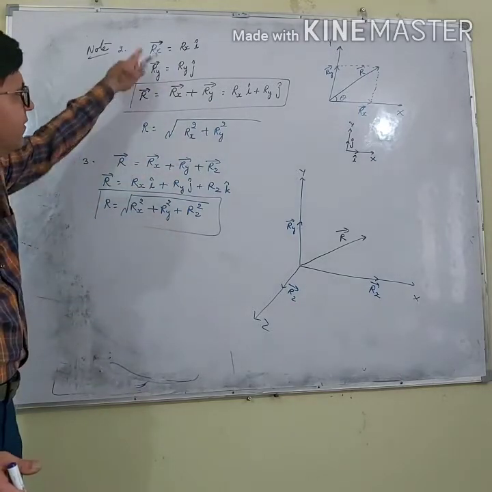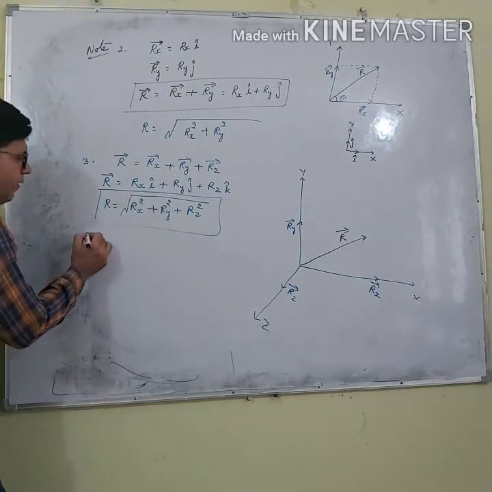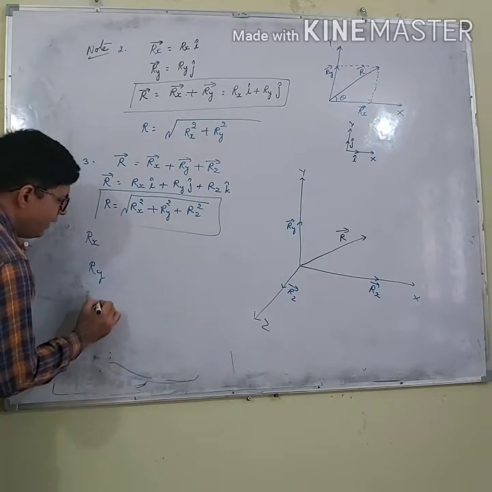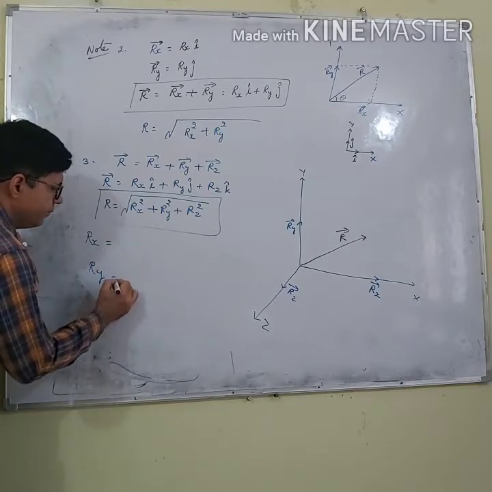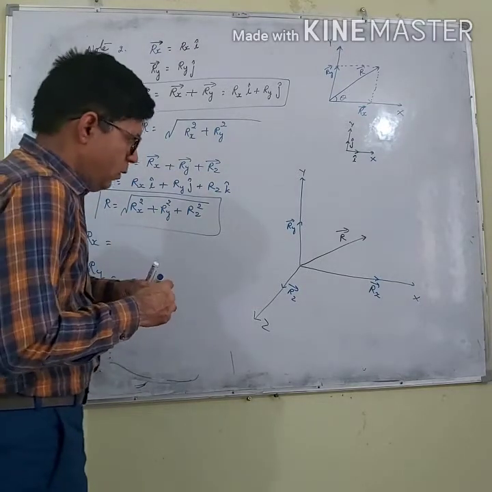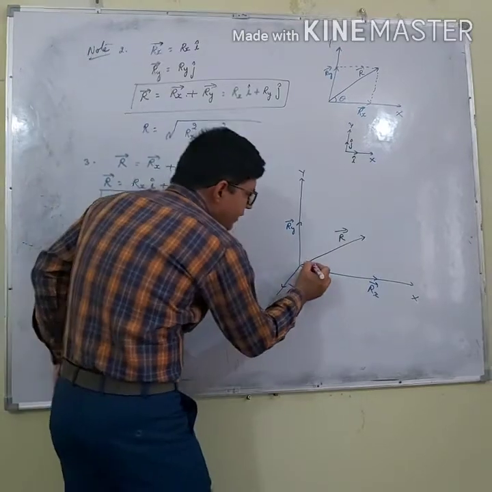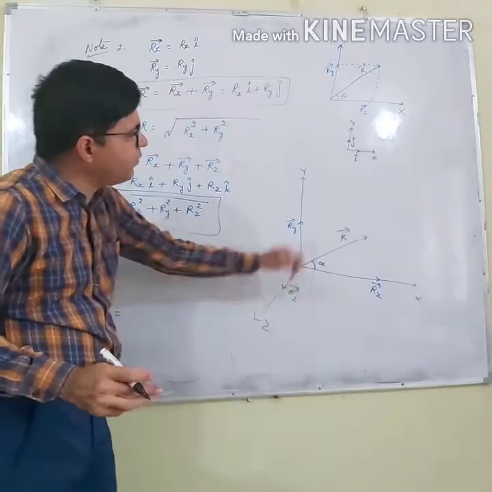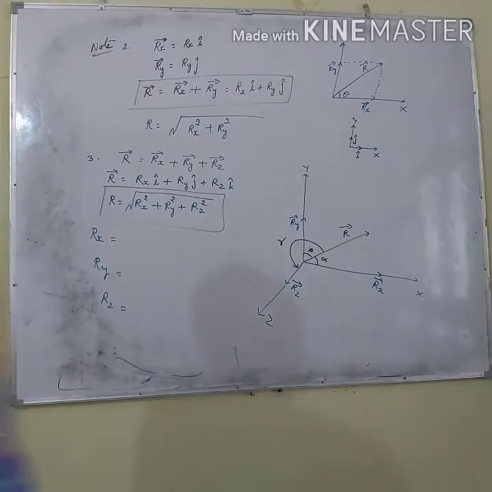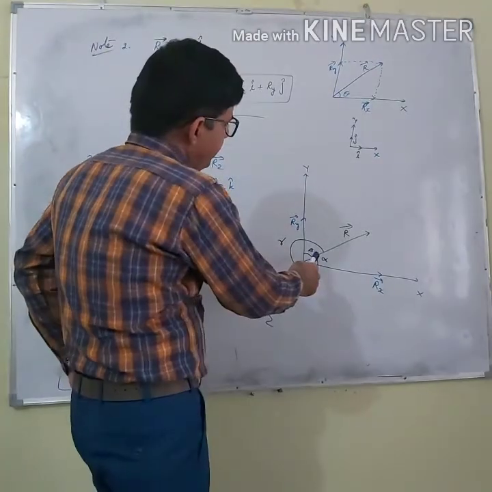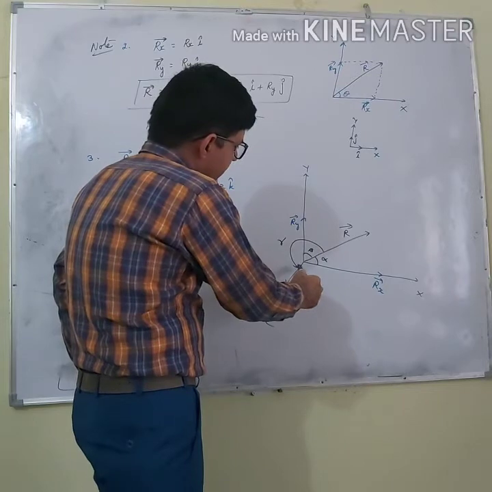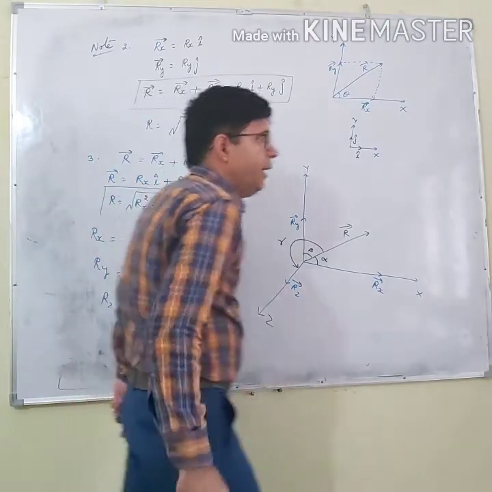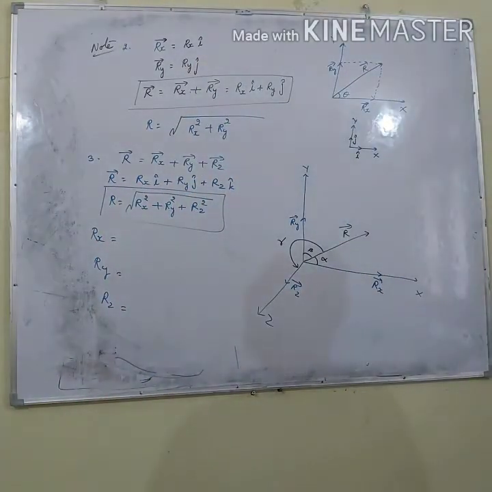Now, what is the value of Rx? What is Ry? And what is Rz? Now, let us say alpha is the angle that R makes with x-axis, beta is the angle that R makes with y-axis, and gamma is the angle that vector R makes with the z-axis.